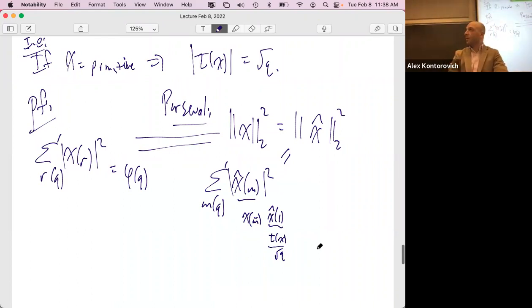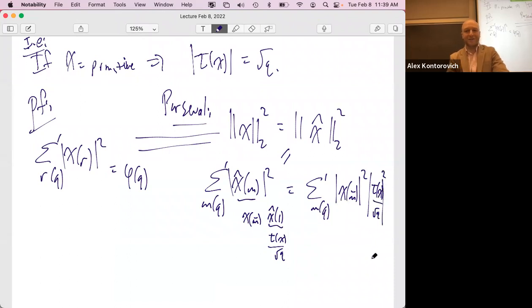My normalization is that chi hat of 1 is tau over root q. That's right. Okay, so this is a sum over m mod q prime of the absolute value of chi of m bar squared, times the absolute value of tau of chi over root q squared.